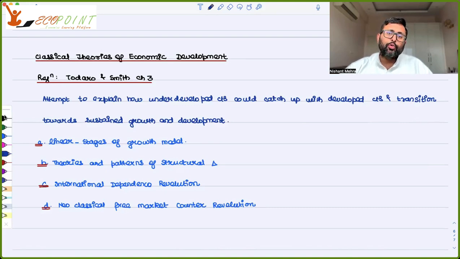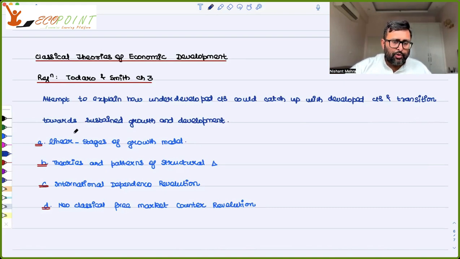And in this, we're going to do different kinds of models: linear stages of growth model, theories and patterns of structural change model, international dependence revolution, neoclassical free market counter revolution. So if you look at the first one, this linear stages of growth model, this approach is assuming that development is a series of stages, which every country is going to go through.